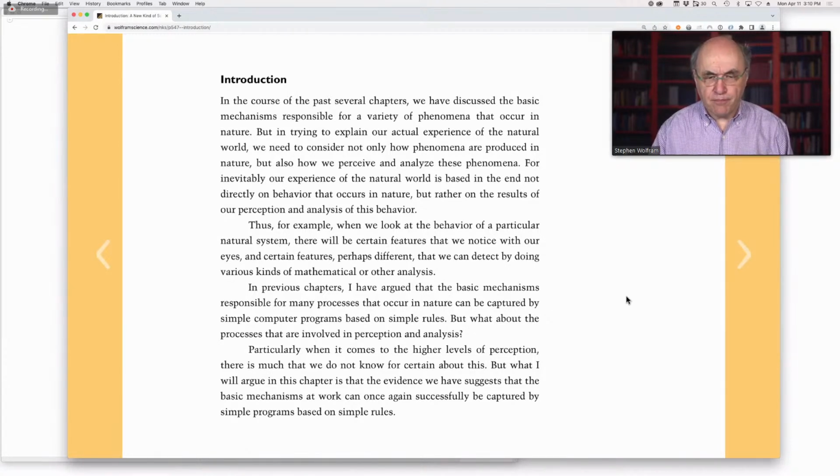What we're talking about here is, just as the process of creating a system in nature is something that we can expect to model, for example, with simple rules corresponding to some simple program, so also the process of perceiving or analyzing what we see in nature is something that we can expect to model with programs.